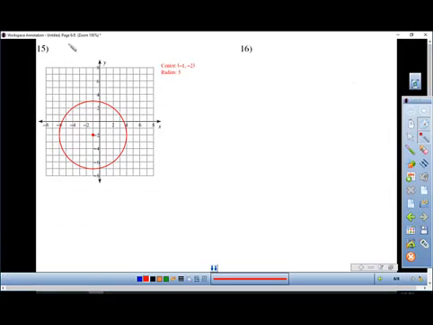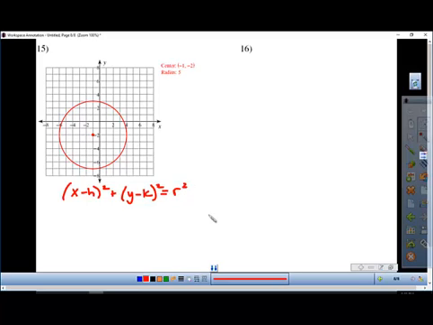Well, if we were to write down just the format, we know that it's x minus h squared plus y minus k squared equals the radius squared. So if I know the radius is 5, that means that we could say, oh, okay, that's easy. I know that I could throw in a 25. And now over here, I know that the x is always going to stay there, but the h and the k, right, those are going to be the things that are going to be moving and changing, all right?